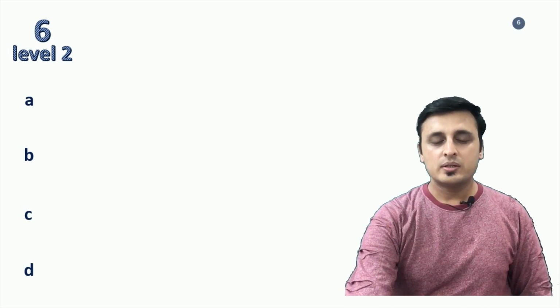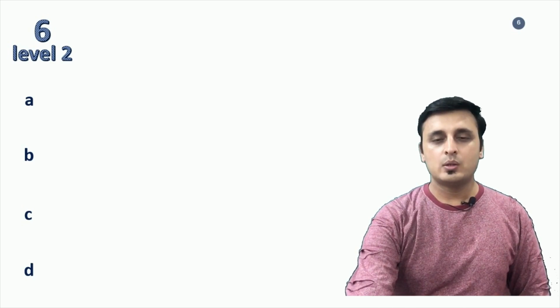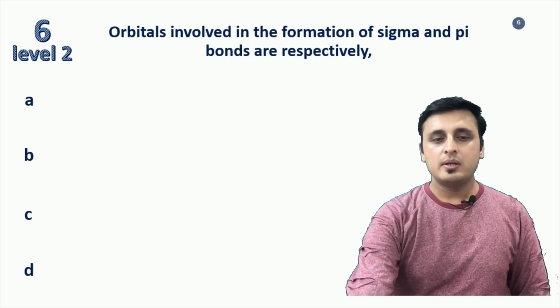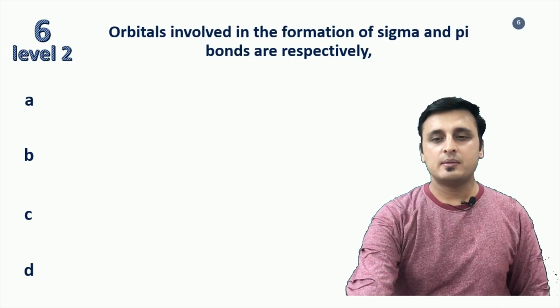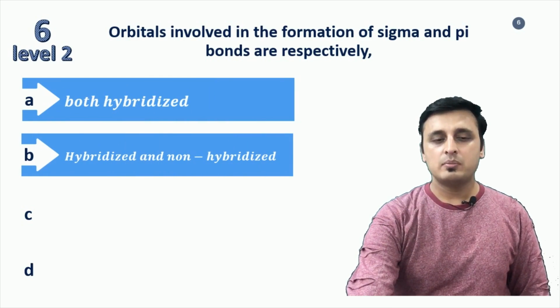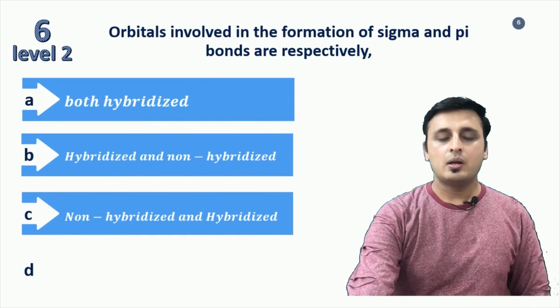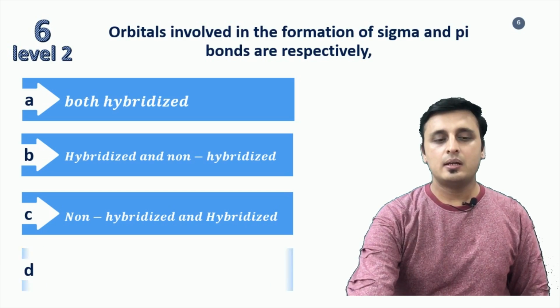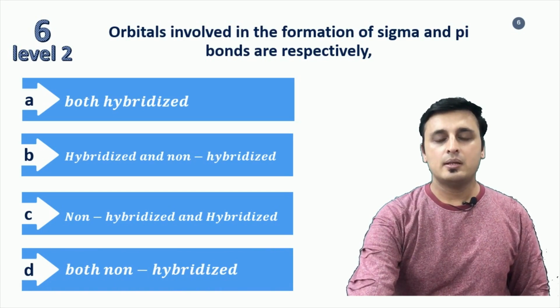Now presenting question number 6, level 2. The question is, orbitals involved in the formation of sigma and pi bonds are, respectively, option A, both hybridized; option B, hybridized and non-hybridized; C, non-hybridized and hybridized; and D, both non-hybridized.